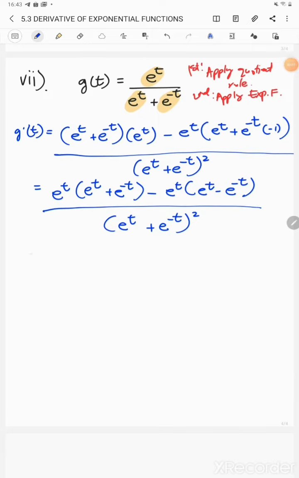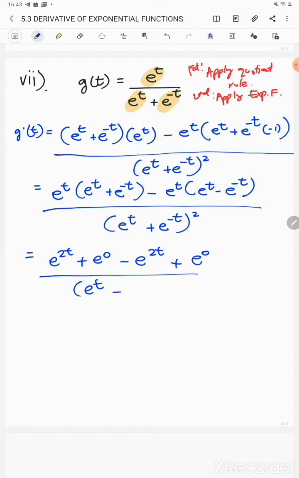If we try to solve this, you expand each term: e power of t multiply e power of t, we get e power of 2t, plus e power of t multiply e power of negative t, where we add the exponents, so we get e power of 0, minus, for this part, e power of 2t, minus we get positive, and then e power of 0, divided by e power of t plus e power of negative t, squared.